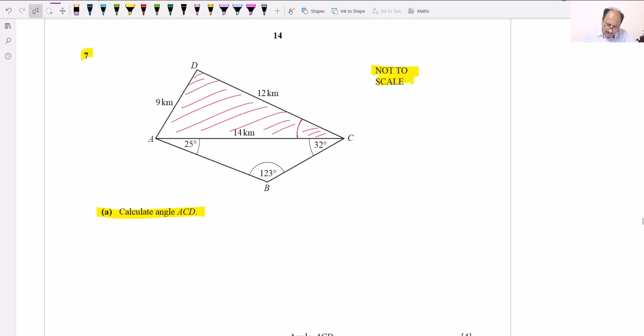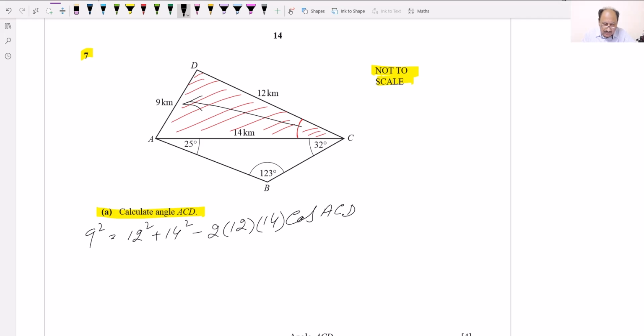Applying the cosine rule: one side squared, the side opposite the angle we are taking, so 9 squared will be equal to one side squared, which is 12 squared, plus the other side squared, minus 2 into one side into the second side, and cos of angle ACD.